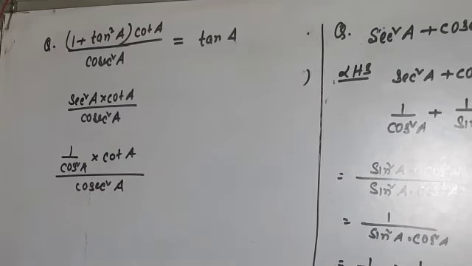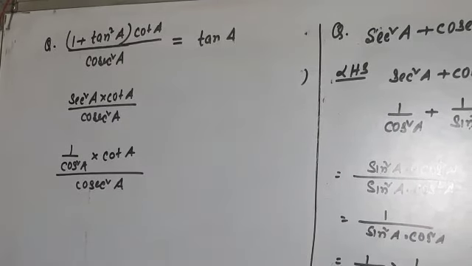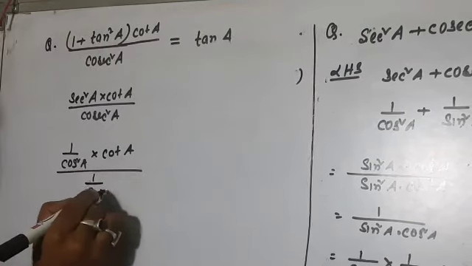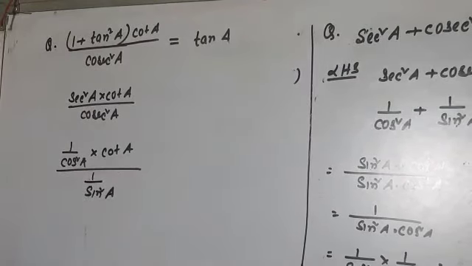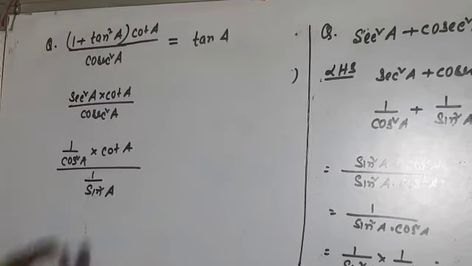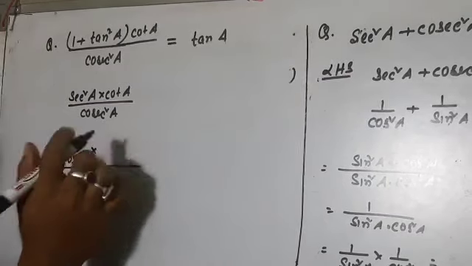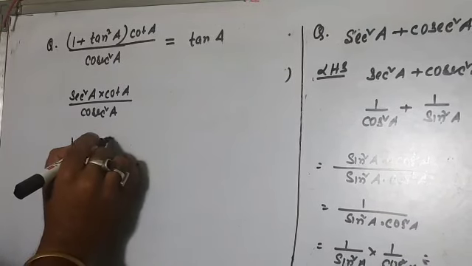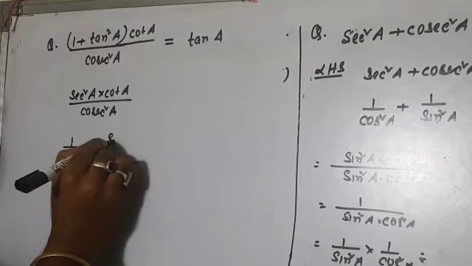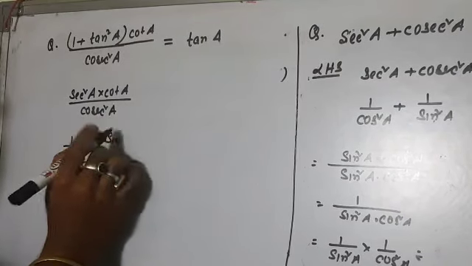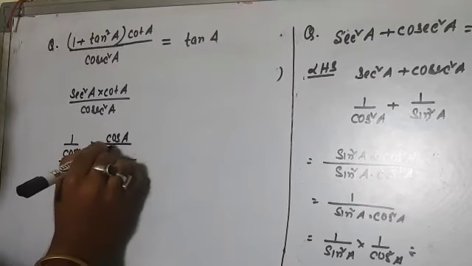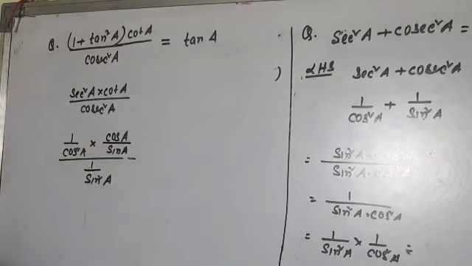Step by step I change. Here this cosec square a I can change to 1 by sin square a. Clear? And here this cot a I can change to cos a by sin a.